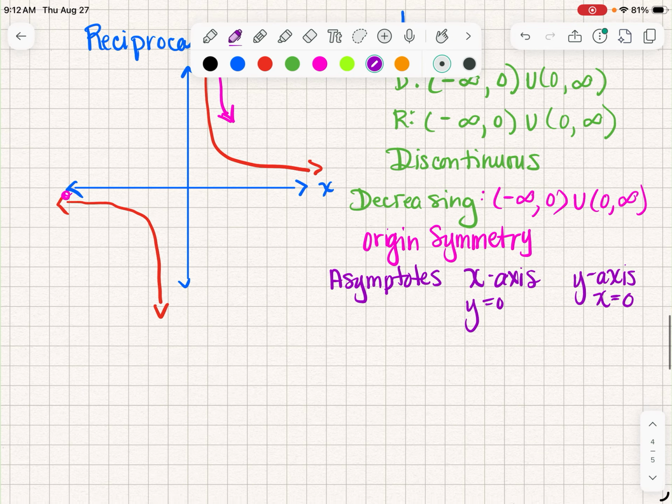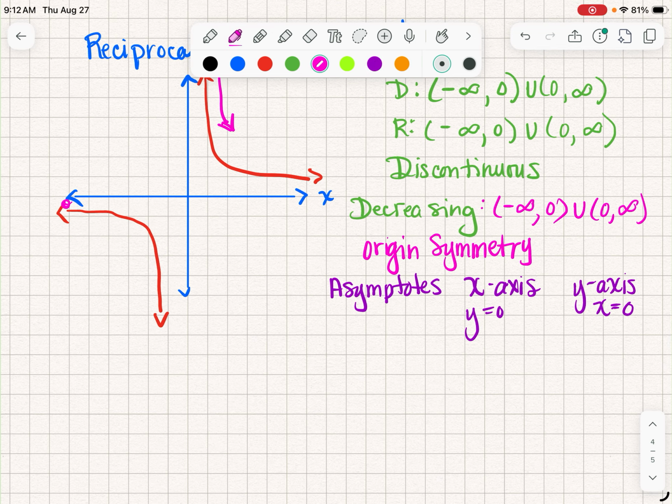And the end behavior, everybody's favorite. Here we go. So it's the limit as x approaches negative infinity, and the limit as x approaches positive infinity of the function.